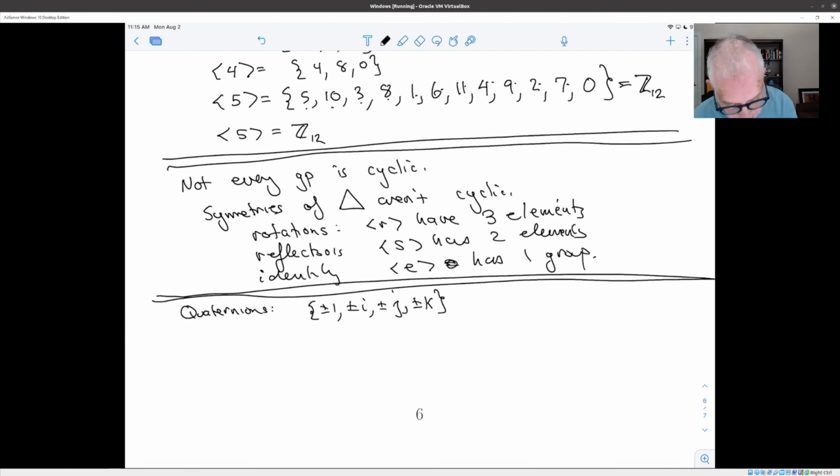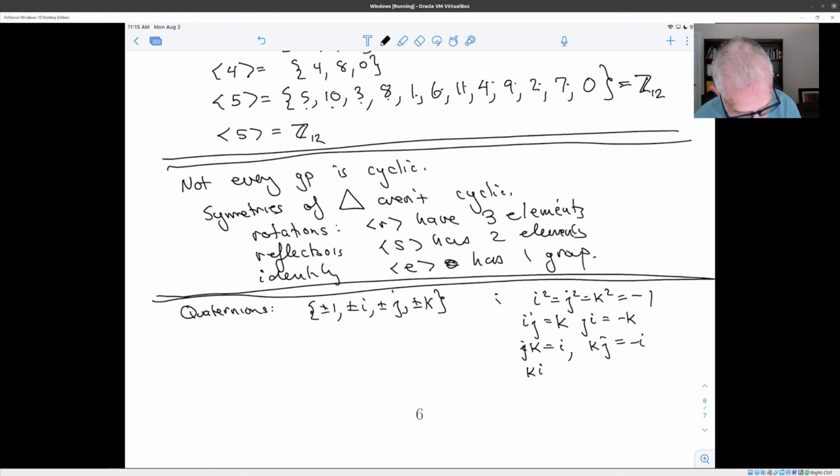And the multiplication rules are that i squared is j squared is k squared is minus 1. ij is k, but ji is minus k. jk is i, but kj is minus i. And ki is j, but ik is minus j.